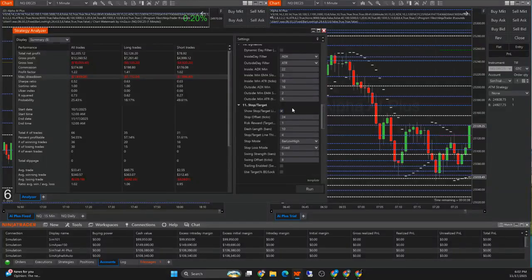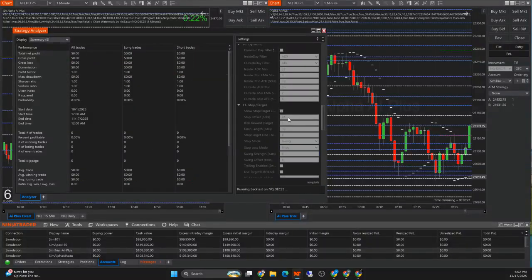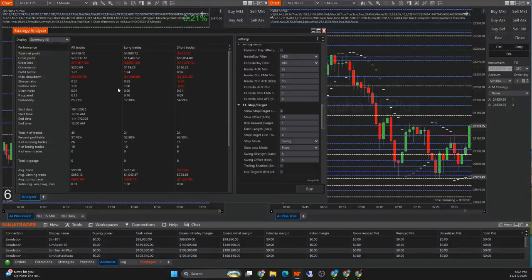All right. So let's see if we make the stop loss a swing 5, and we make it 1 to 1. Actually, I also want to change the stop offset to be 4 ticks because it's using swing 5 already. So let's see. This actually is good, but the drawdown is high.